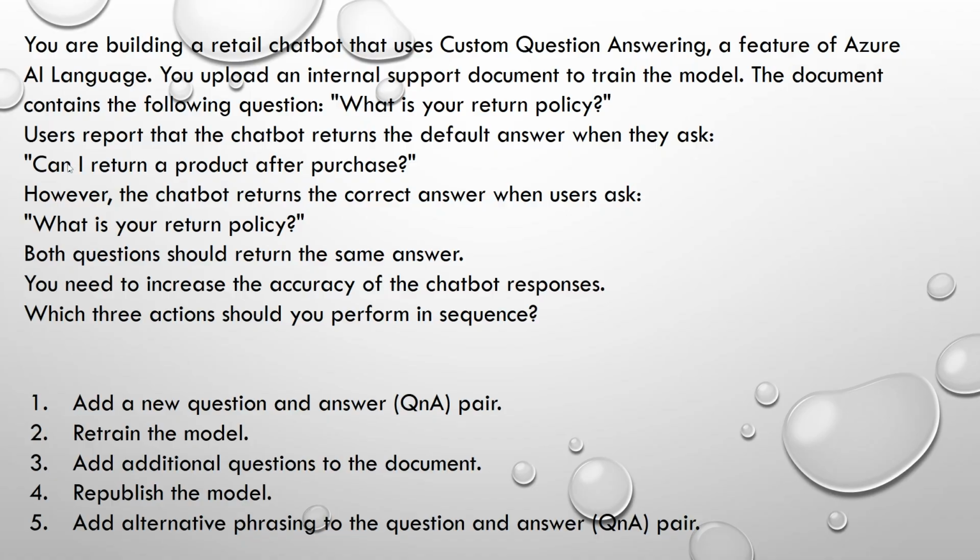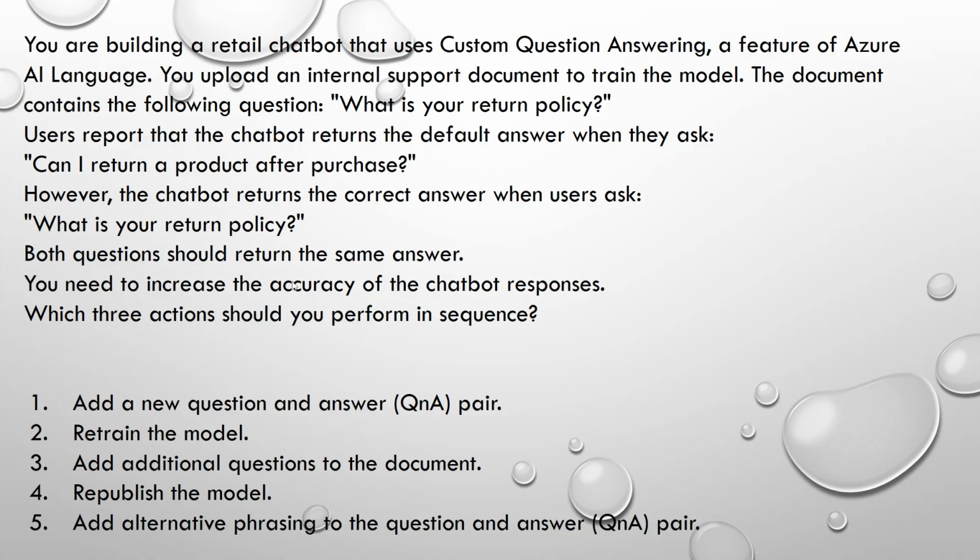So when a person is asking, can I return a product after purchase, the model is going through its knowledge base and it is not finding a question corresponding to it. So the model is giving a default answer. Maybe the default answer is sorry, I don't know, or something, depending on the default answer which we are setting. So the user is not getting a proper answer from the model.